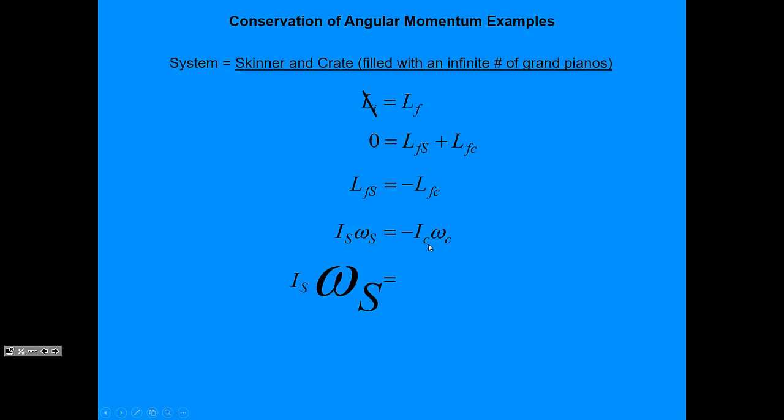On the other hand, the crate would have a large rotational inertia, being as massive as it is, and therefore it only needed a small angular velocity for these angular momenta to be equal and opposite. So a lot going on in that video, and the physics in it was really kind of tight, right? So Skinner ran in one direction, it rotated in the other direction. Skinner ran fast, the crate only turned slowly because of their various rotational inertias.